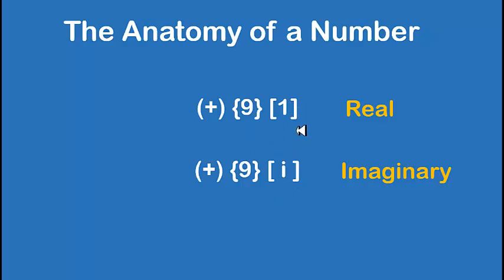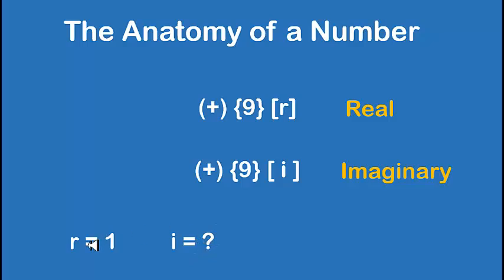Instead of putting a 1 here, I'm going to put an R. So R is the identity of the real numbers, and R is equal to 1. We're going to abstract the identity a little bit. This is going to be helpful when we get into more details. So I'm going to write R as the identity of the real numbers, knowing that R is equal to 1. And i is the identity of the imaginary numbers, but we don't know what i is yet.